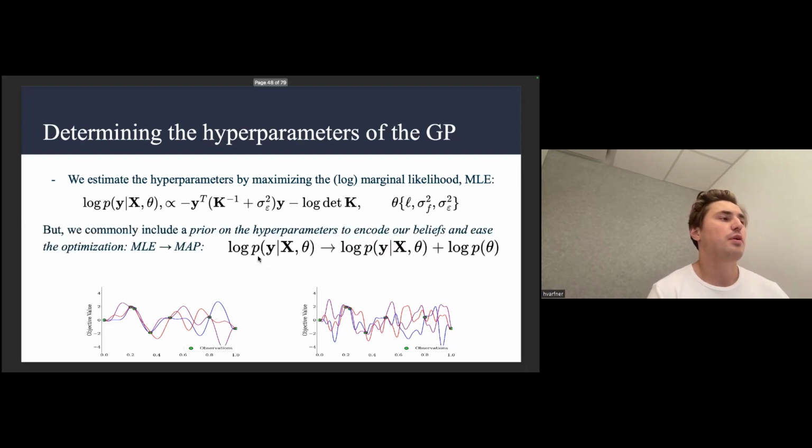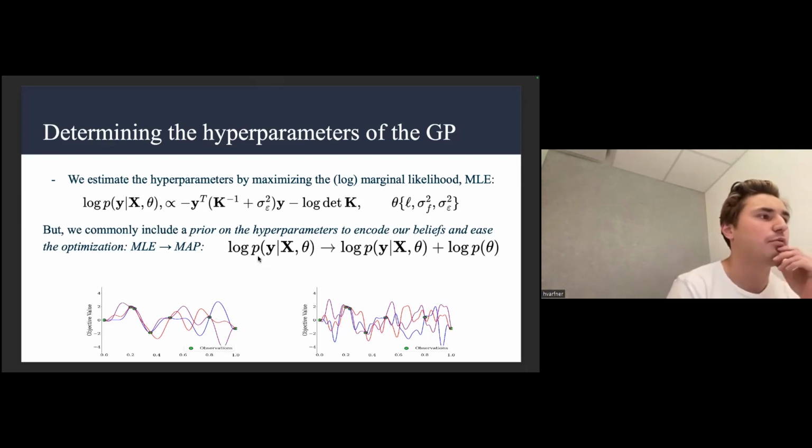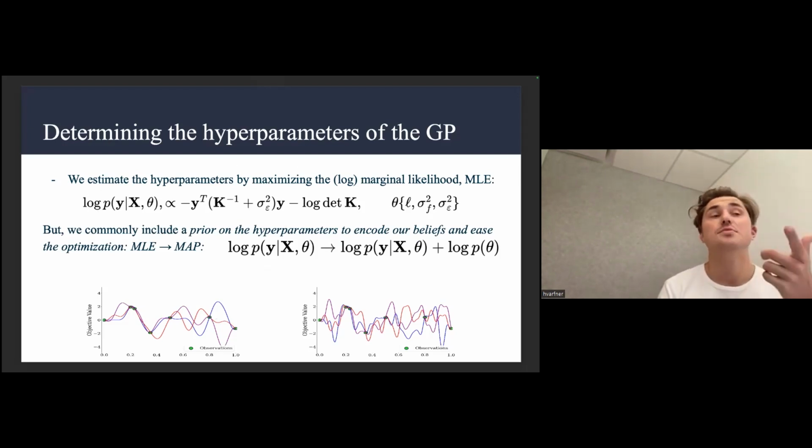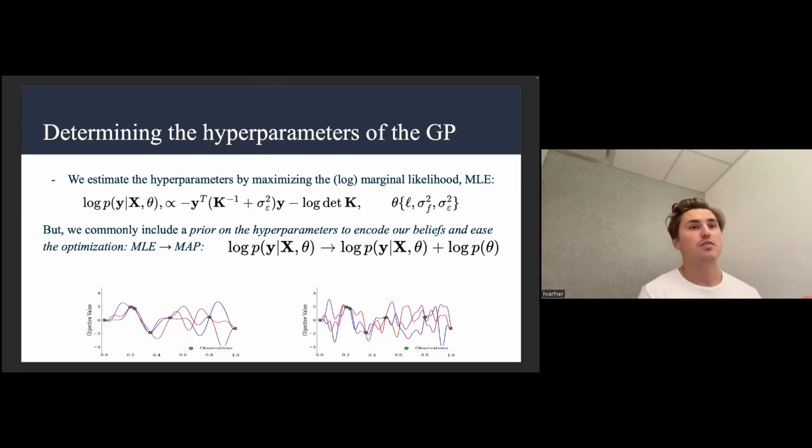But what one typically does in settings where you don't have a lot of data, where you are budget constrained or where you are in high dimensions, this problem is typically over-parameterized. So the maximization will be ill-posed. And to counteract this and to encode the beliefs that you as a user have on the problem at hand is to add a prior on the hyperparameters.